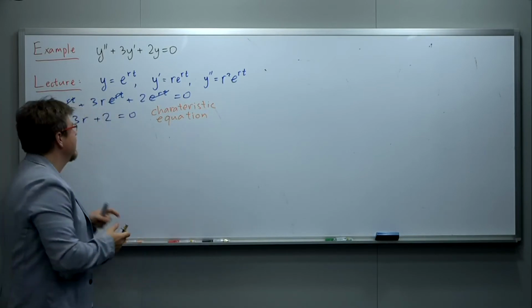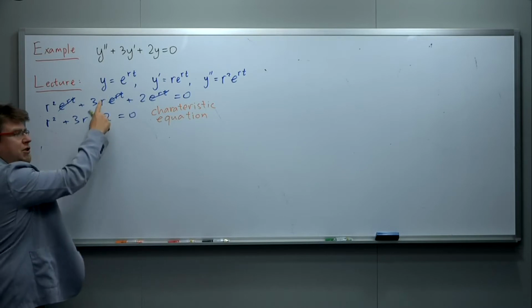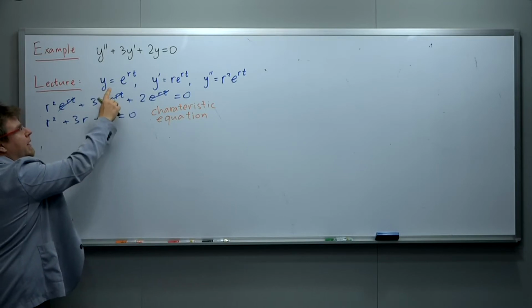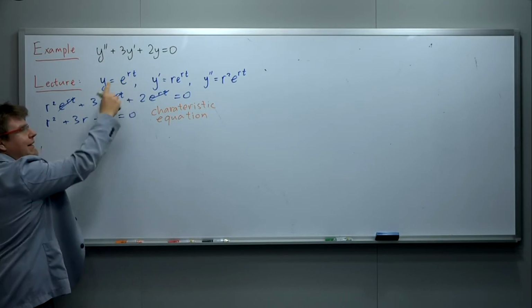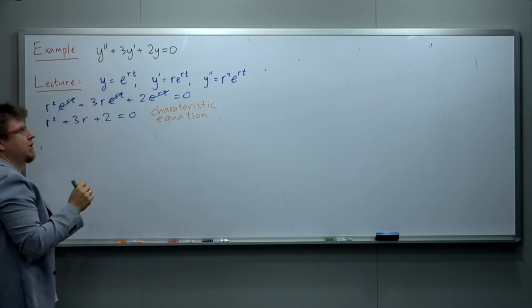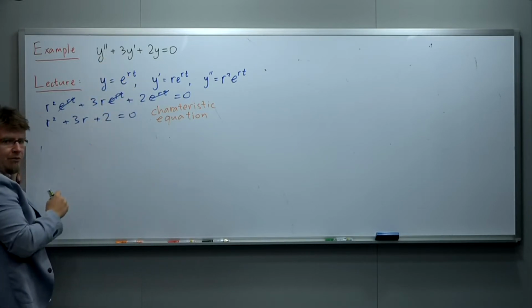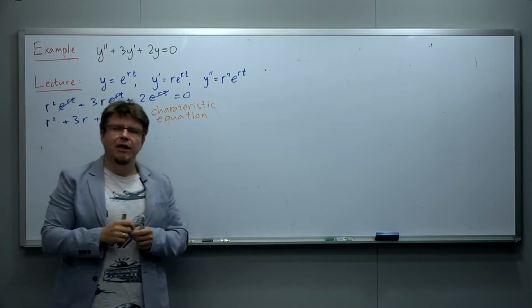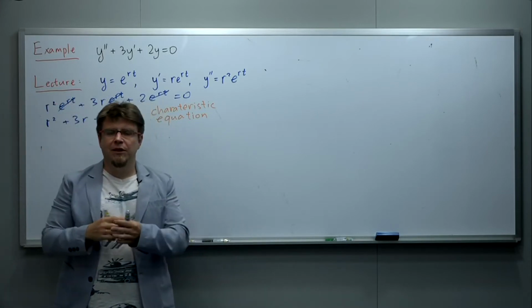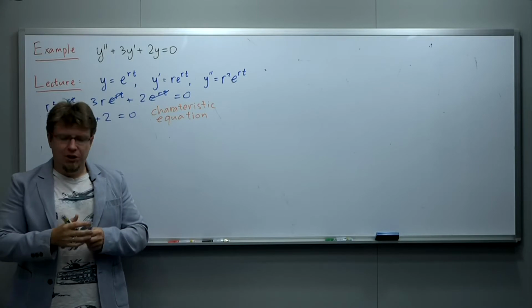Now, notice that what we have just shown is that a function of the form e to the rt is a solution of the given ordinary differential equation if and only if the number r here is a solution of the corresponding characteristic equation, and the characteristic equation is just an algebraic equation in r.